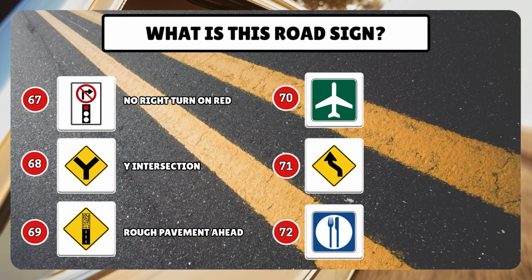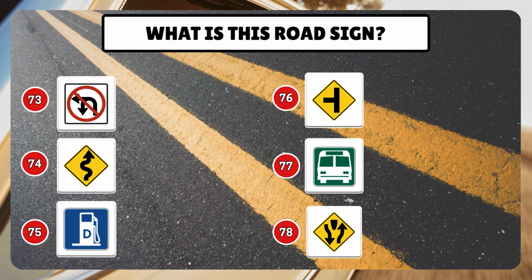That is a rough pavement ahead sign. That is an airport sign. Excellent. That is a reverse curve left sign. Excellent awareness. That is a food sign.